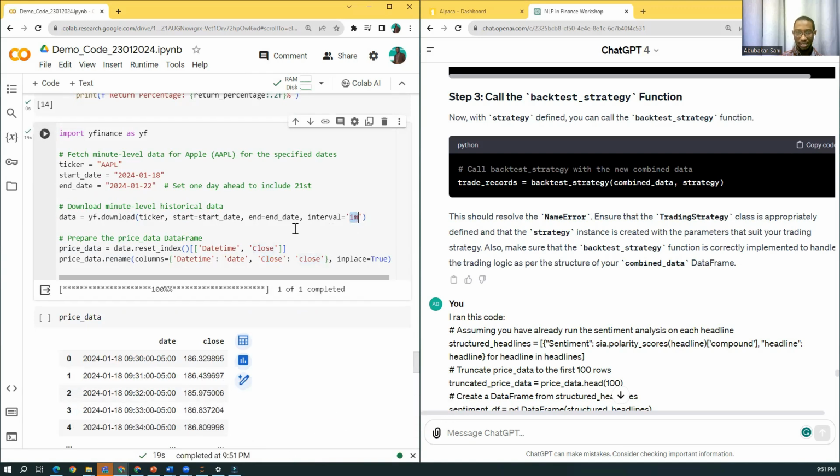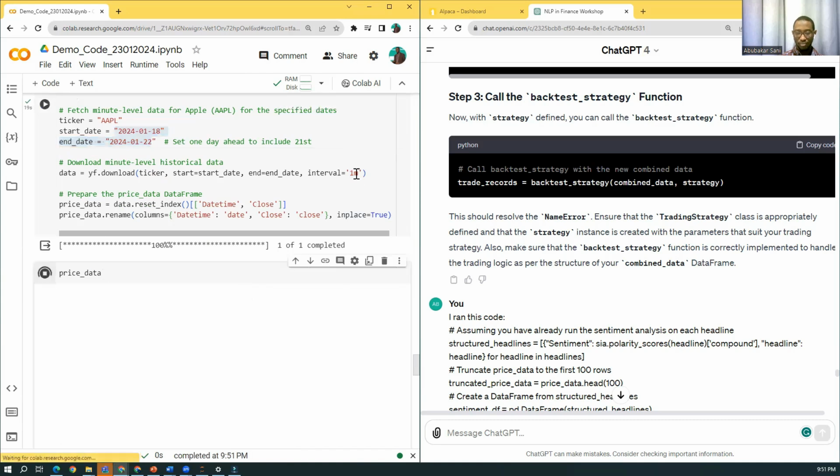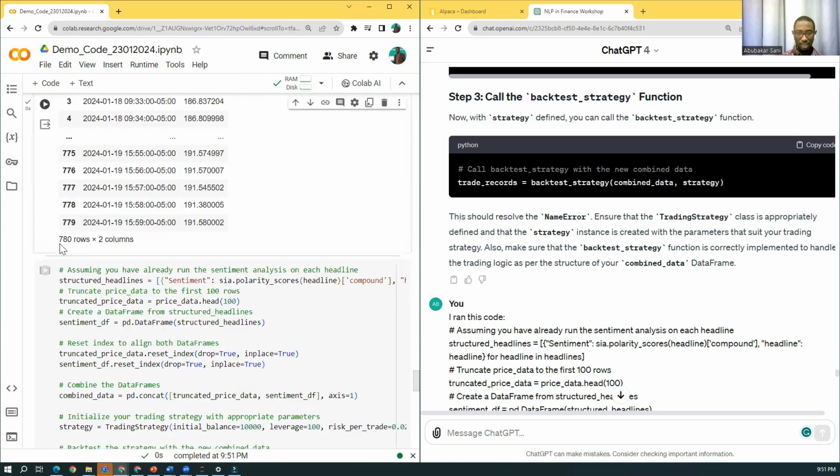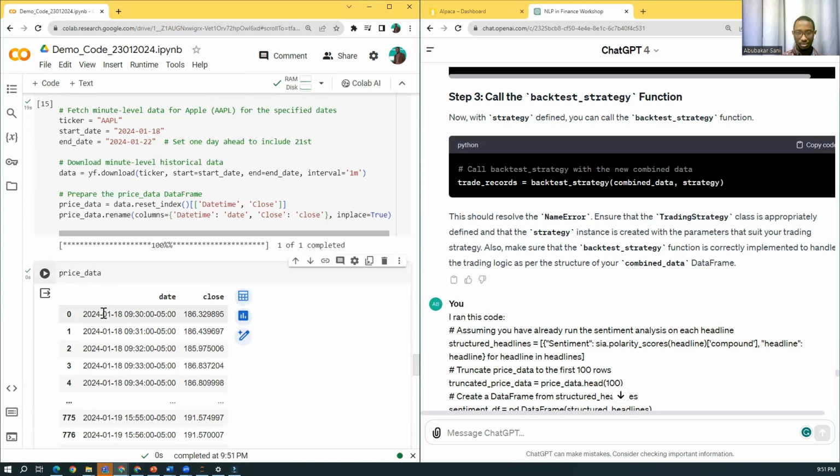I'm using a 1 minute interval for just 3 days of data. That's around 780 minutes per day, when the market was open.